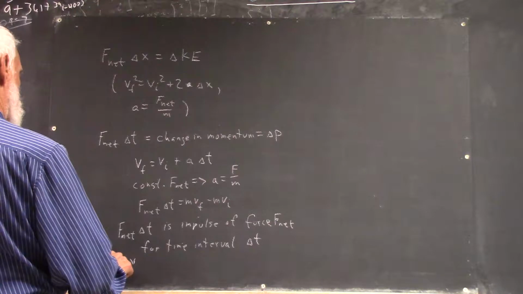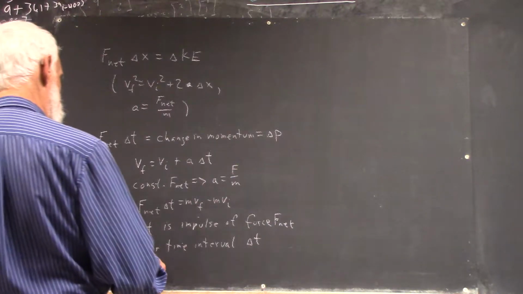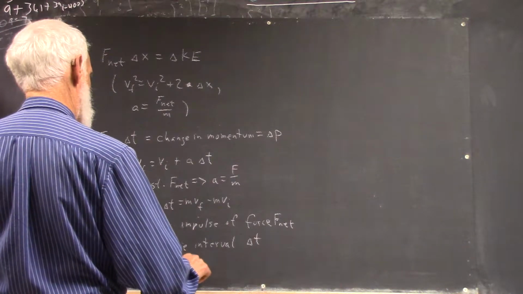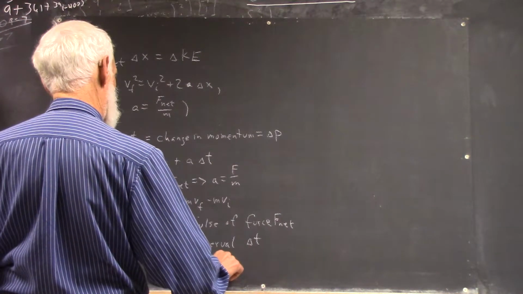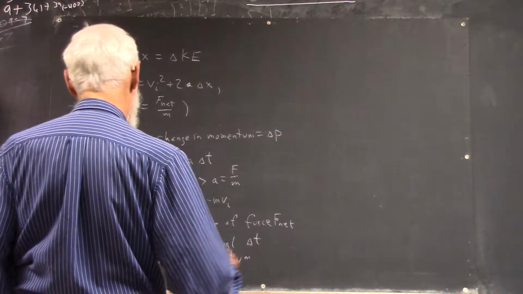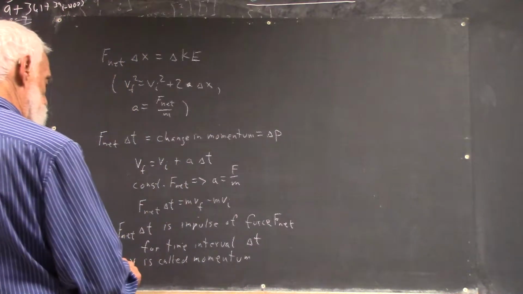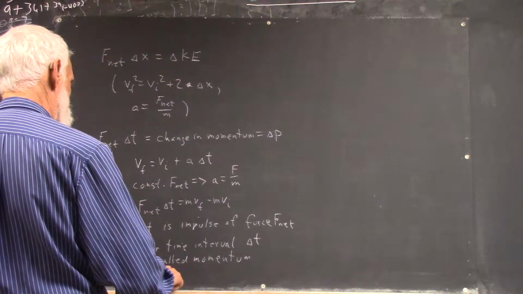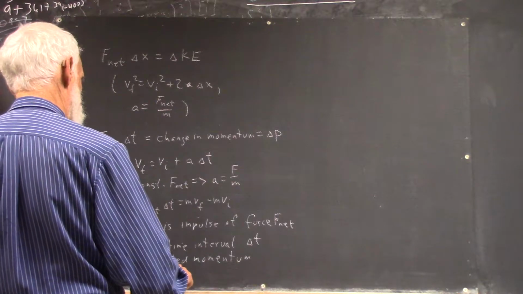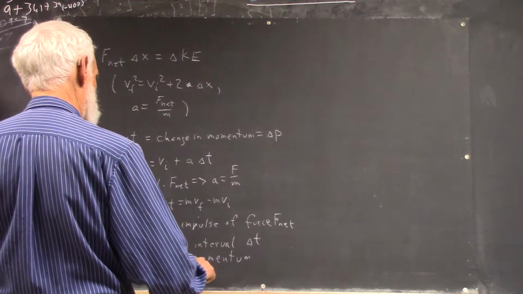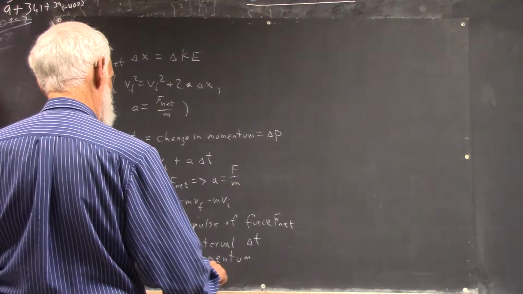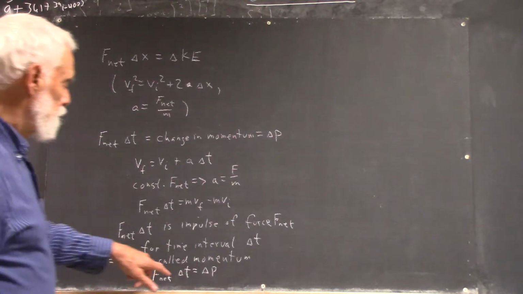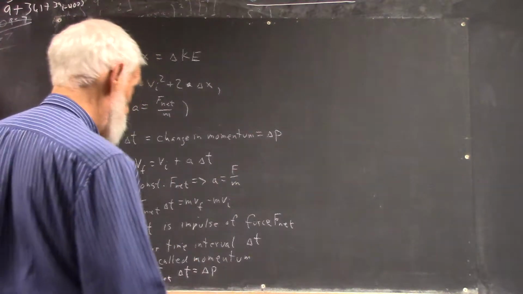And P, which is mv, we're going to call momentum. So F net delta t equals delta P. Impulse equals change in momentum.